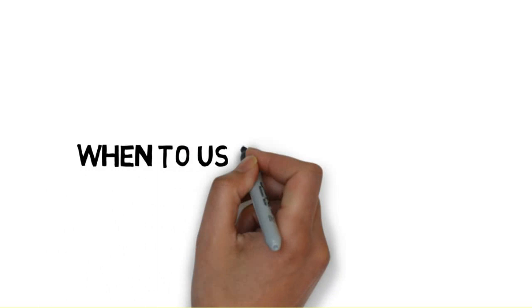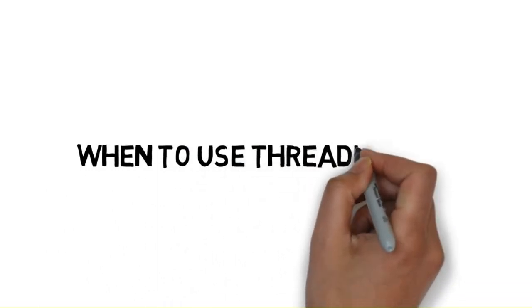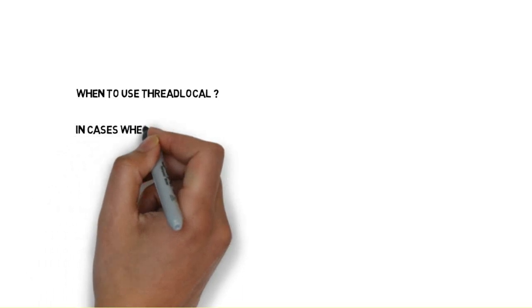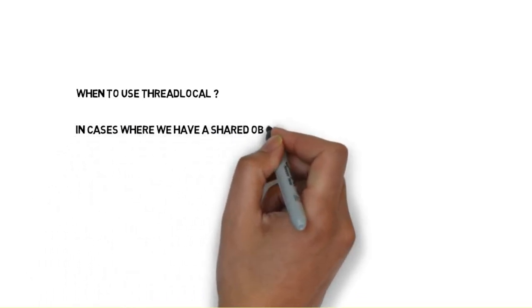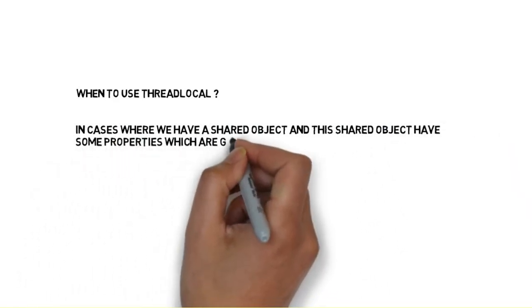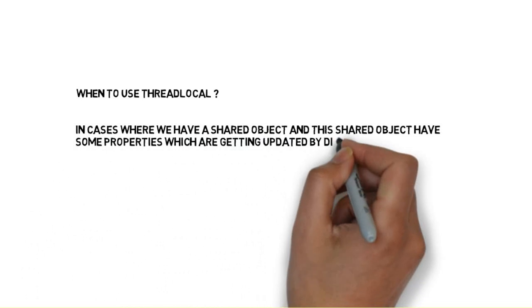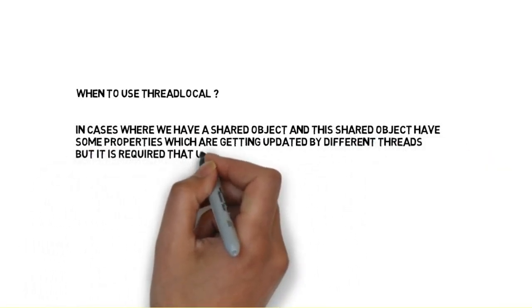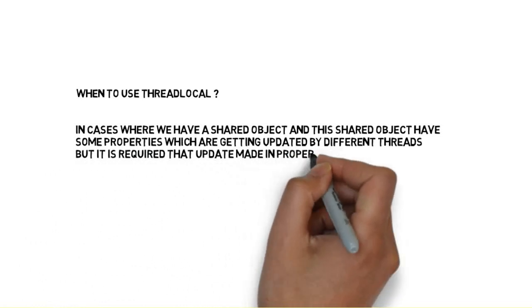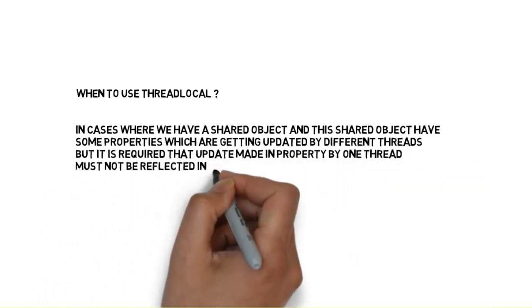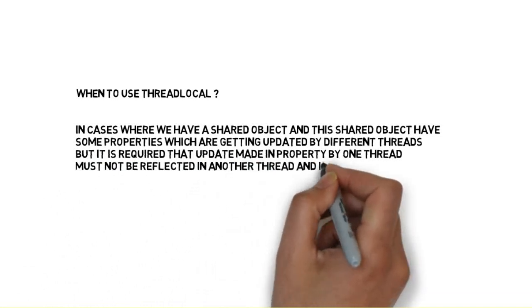So when can we use thread local? In cases where we have a shared object and this shared object has some properties which are getting updated by different threads, but it is required that the update made in a property by one thread must not be reflected in other threads and it should remain local to that particular thread.